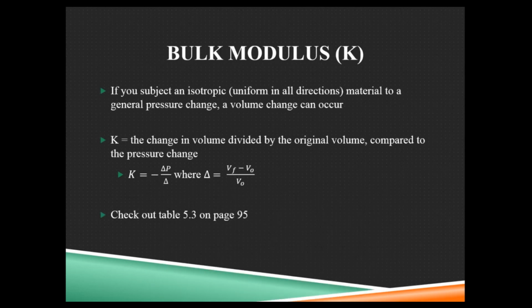Bulk modulus, K, think of it, bulk has a K in it, it gets the K, is the ratio of the compressive stress in all directions to the volume change.